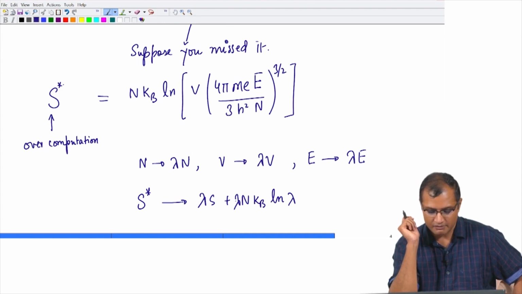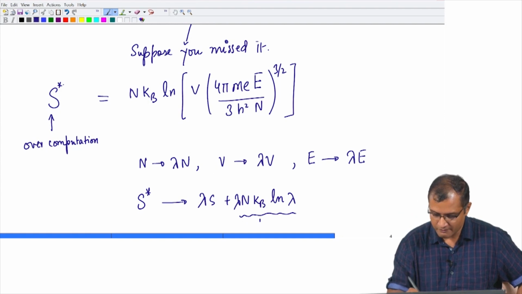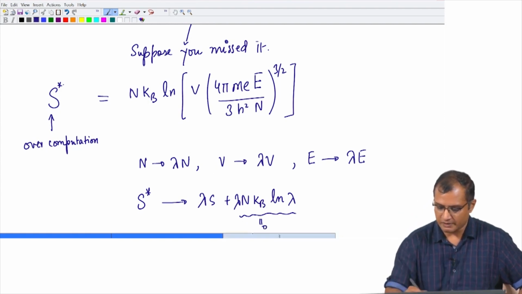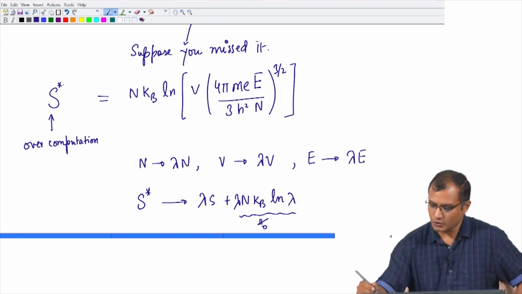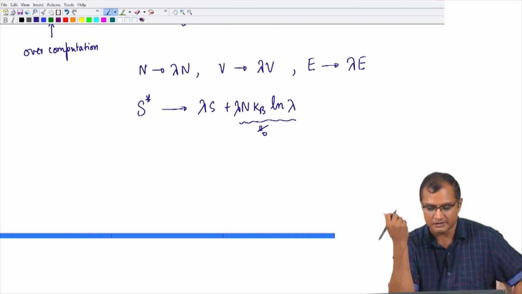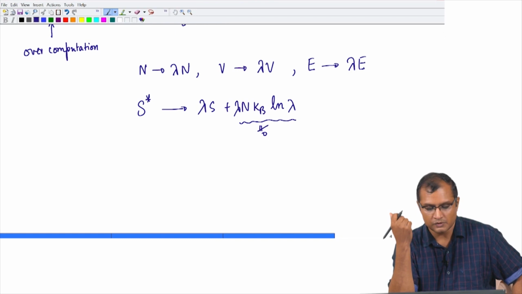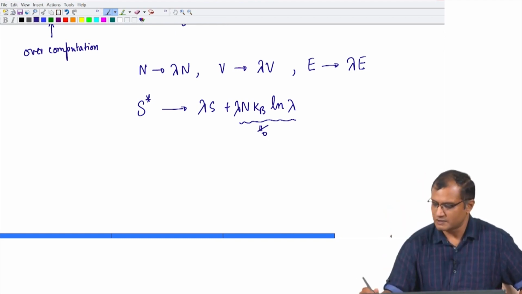So, this extra factor that I get should have been 0 if entropy was extensive, but it is not 0. So, that is how I say that my entropy is not extensive. I got an extra contribution, and you can see this is positive in nature, because I have over counted omega.